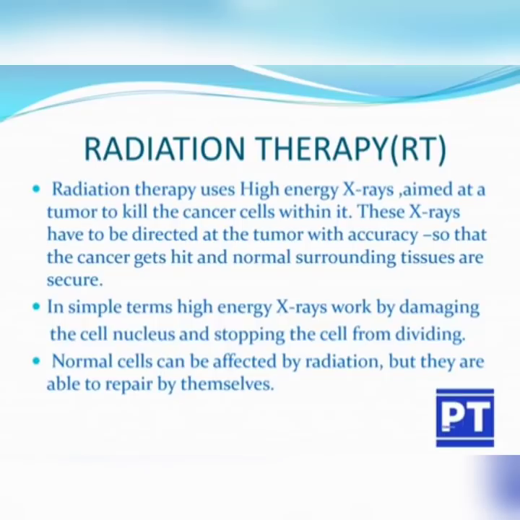These X-rays are directed at the tumor with accuracy so that the cancer gets hit and the normal surrounding tissues are secure. The cells are killed by the radiation. In simple terms, the high energy X-rays work by damaging the cell nucleus and stopping the cell from dividing.